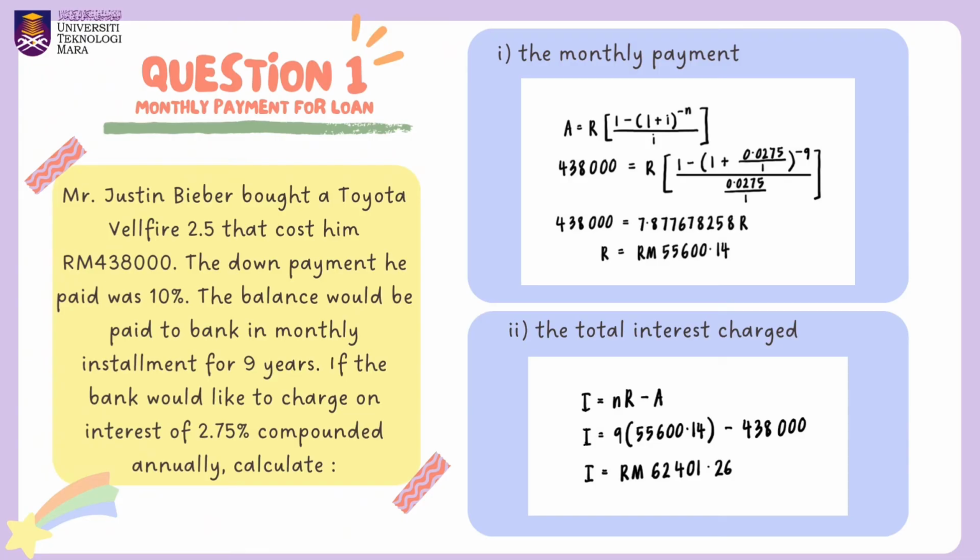The total interest charge, we will be using the formula I equals to N times R minus A.